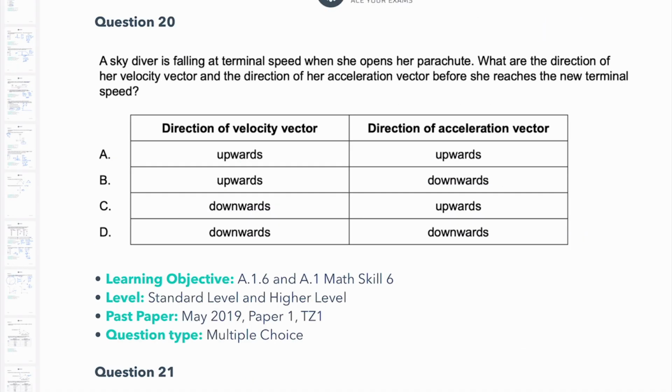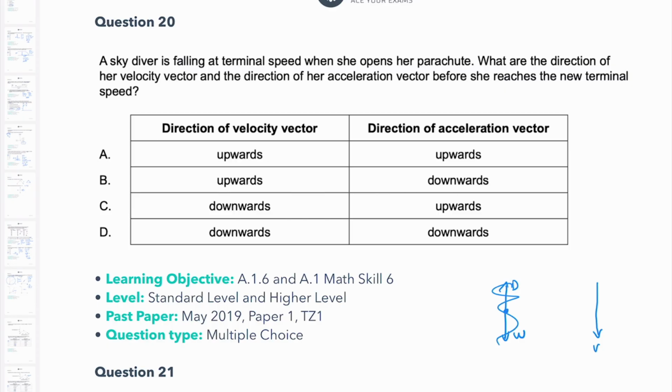Question 20. A skydiver is falling at terminal speed when she opens her parachute. So she's at terminal speed. That means there's balanced forces. I don't know if that's going to mean anything, but I'll draw that there just to remind me. What are the direction of her velocity vector and the direction of her acceleration vector before she reaches the new terminal speed? It's got nothing to do with forces. The velocity vector is always going to be downwards. At no stage will this lady be travelling back up, okay?